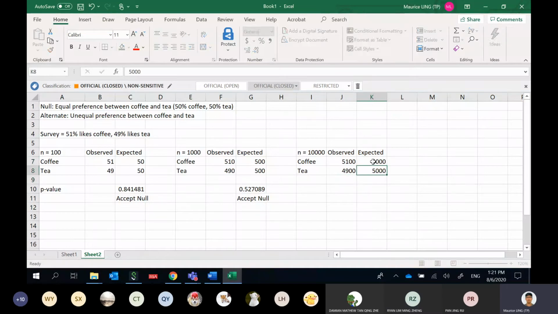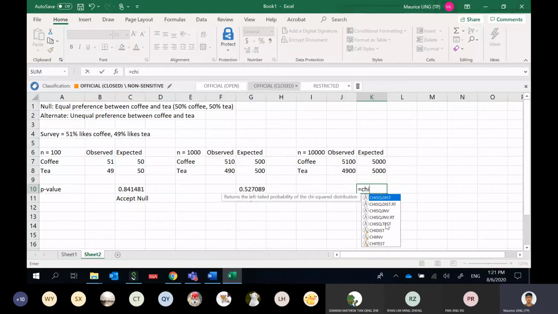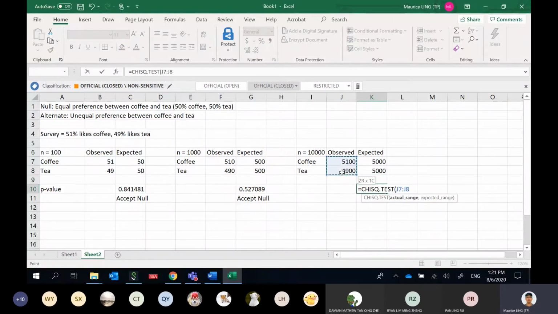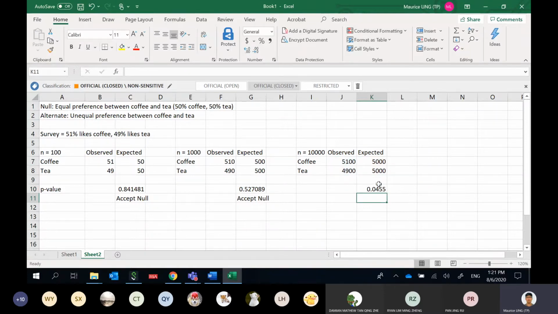Okay, and let us do the test again. Now this is a p-value. So, Ryan, do I accept or reject the null hypothesis here? That's 0.5. Okay, that one we reject. So, I reject my null hypothesis.